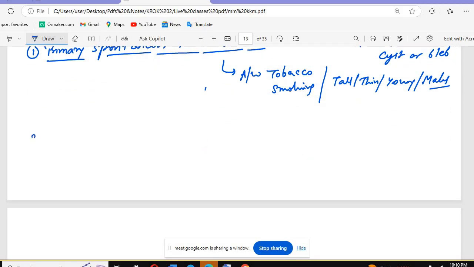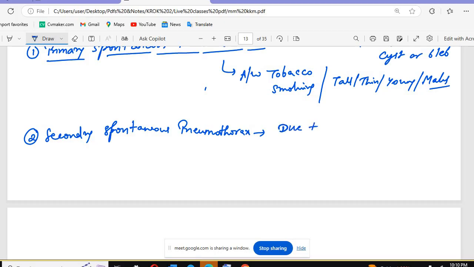Then we have the secondary spontaneous pneumothorax. Secondary spontaneous pneumothorax is due to disease of the lungs.